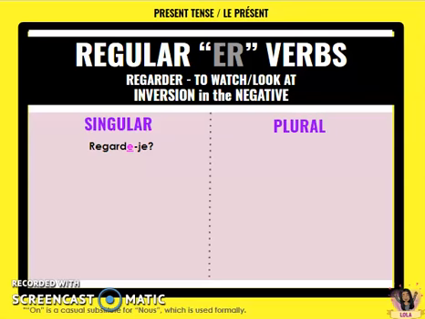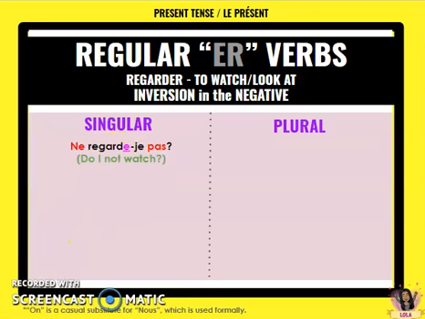So regarde je. So now to make it negative, we put the ne before the verb regarde. So there it is, ne before regarde, that's your verb. And the pas goes after the subject. Here's your subject or pronoun je. So there's the pas after that. So ne regarde je pas.